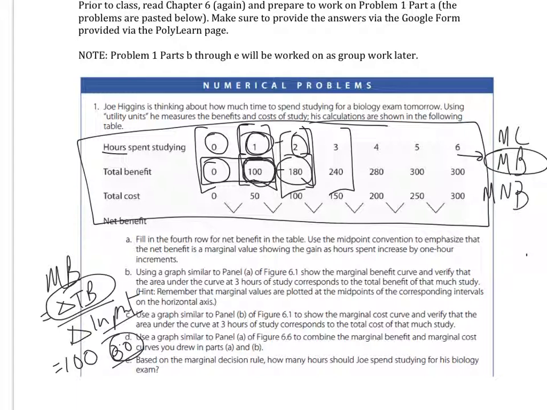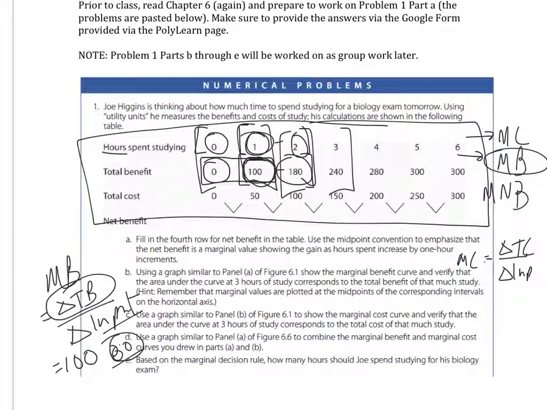Marginal cost is the same idea. Marginal cost equals the change in total cost divided by the change in the input, which is still hours studying.